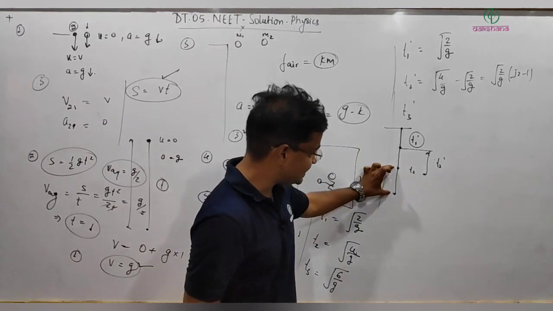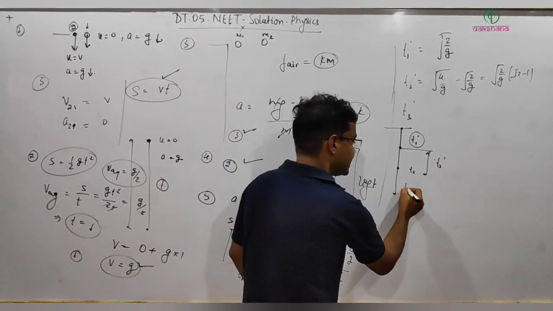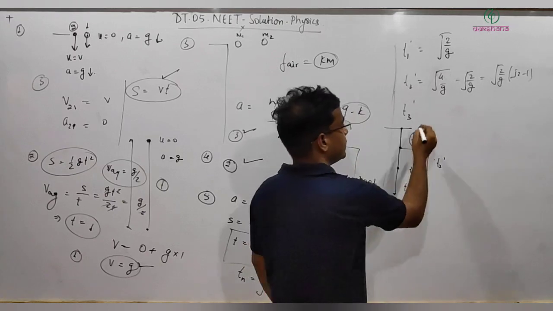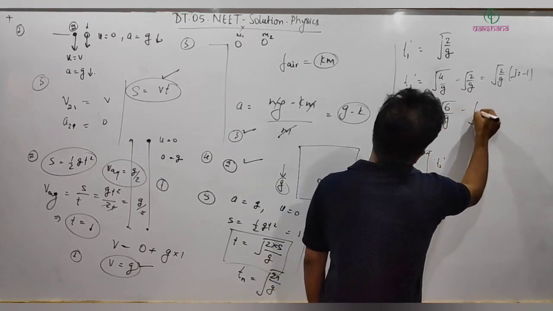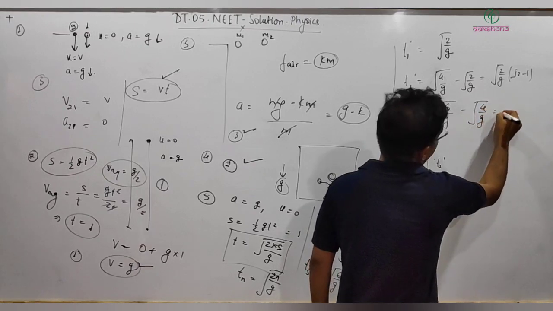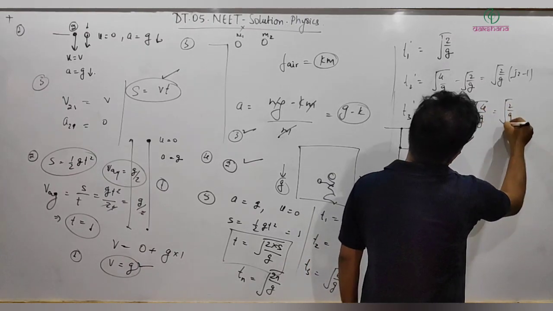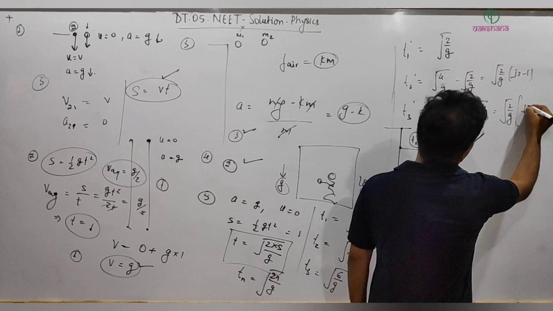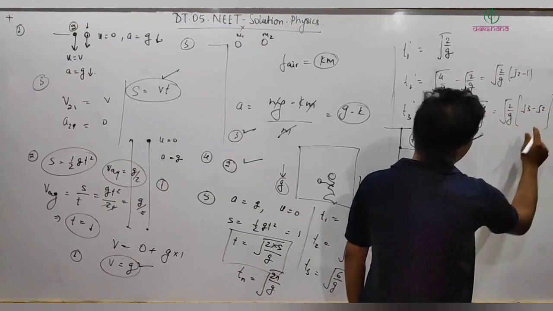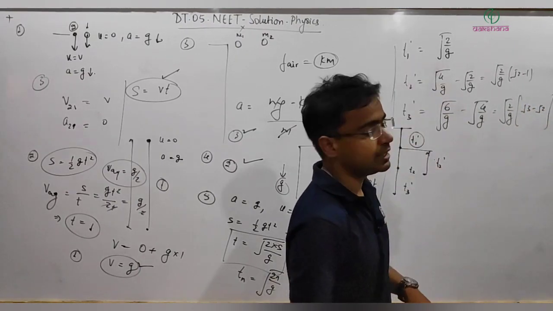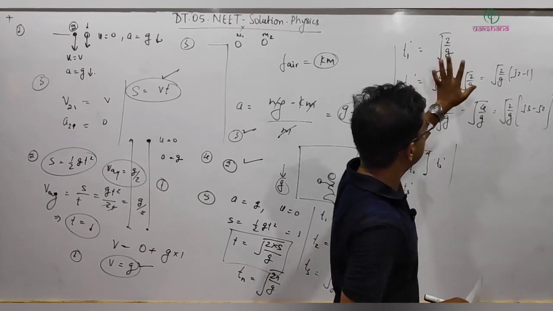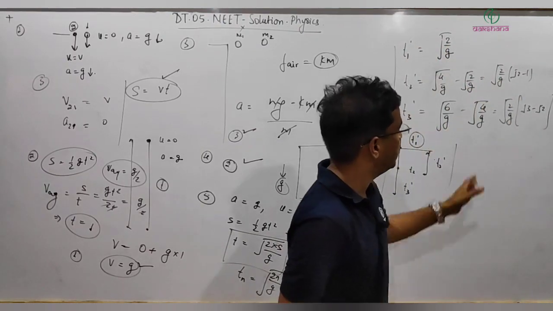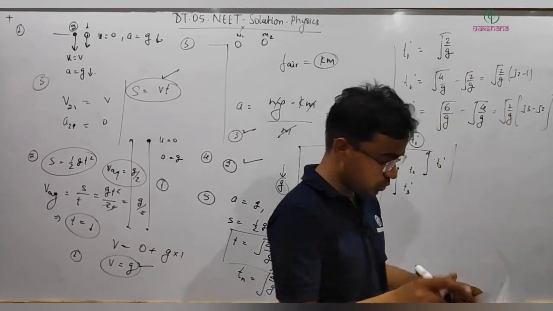For this 1 meter, the duration taken is, let's say, t3 prime. Then I can write t3 prime will be equal to under root 6 by g minus under root 4 by g, and that will be under root 2 by g times root 3 minus root 2. So if I just take the ratio, the common factor is gone, and it's 1 is to root 2 minus 1 is to root 3 minus root 2, and so on.